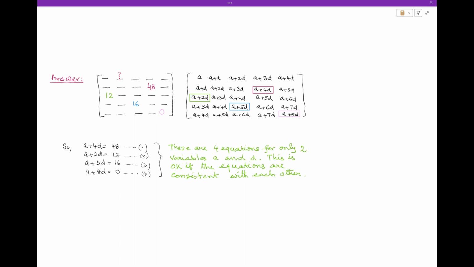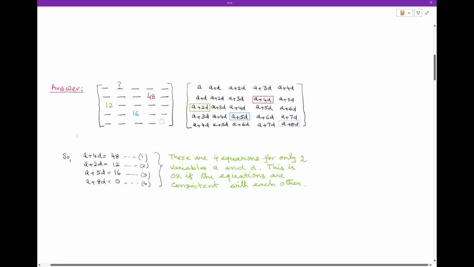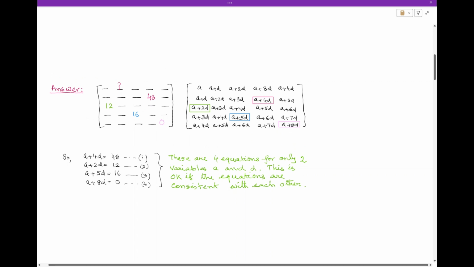Okay. It is also given that the 5 rows and 5 columns constitute arithmetic progressions. If we assume D as the common difference of the arithmetic progression and A as the first element in the first row, then along the first row, the arithmetic progression would go like this: A, A plus D, A plus 2D, A plus 3D and A plus 4D.